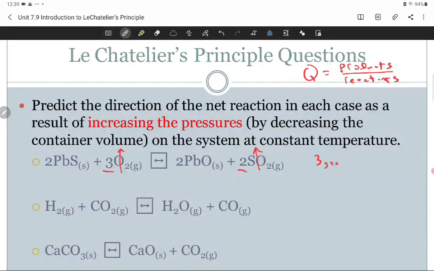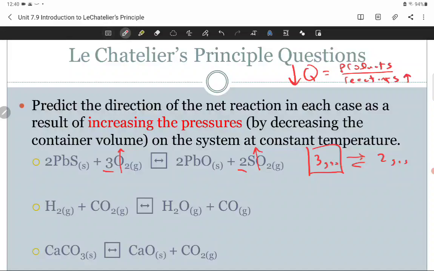If you don't like that, 3 gases going to 2 gases. So you're having more effect on the reactant side. There's the reactants. So that's going to make the Q go down over a period of time.